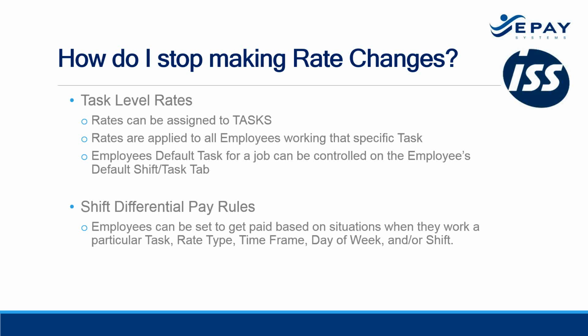So, for example, if I was your employee and I punched in as a custodian today, but I actually worked as a carpet tech, I can always go to the time card screen, go to that particular edit time card, and select the task of carpet tech, whatever may be the one I'm working that day.